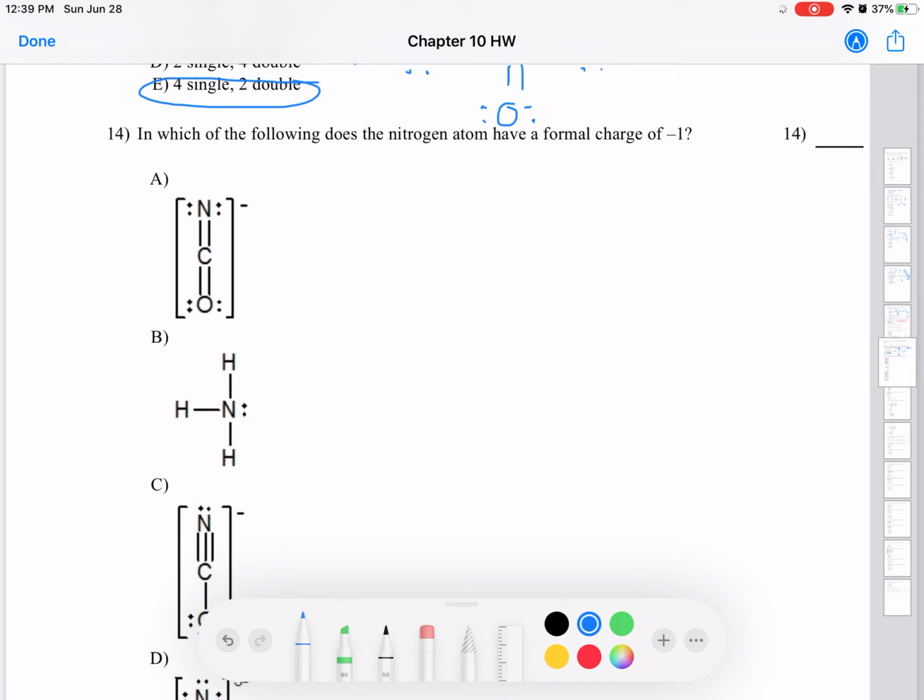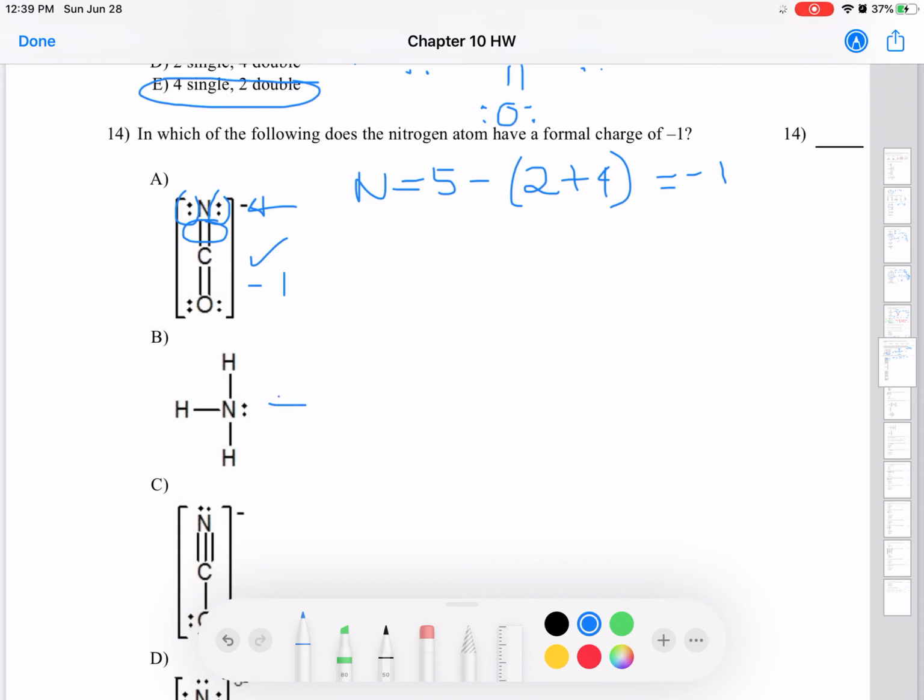Now for the first one, nitrogen, the group number for nitrogen is 5 minus the number of bonds and electrons. How many bonds are there? 2 bonds. 1, 2, right? So these 2 are on nitrogen. And then the lone electrons, 2 plus 2, 4. So 5 minus 6, so -1. So for the first one, the nitrogen formal charge is -1.